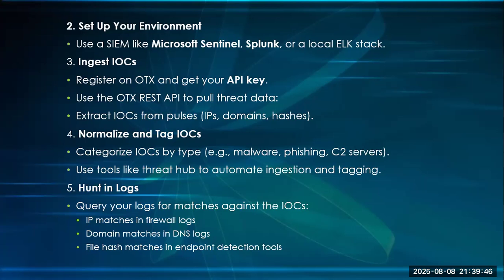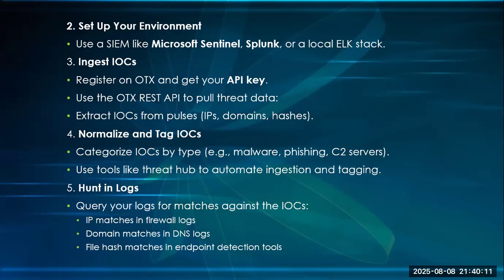And when you have anything to share, you can create your own pulse. Maybe you've discovered one IP or one URL that is malware; you can go there, create your own pulse and put it there. So you extract IOCs from pulses, the IPs, domains, hashes, normalize and tag.